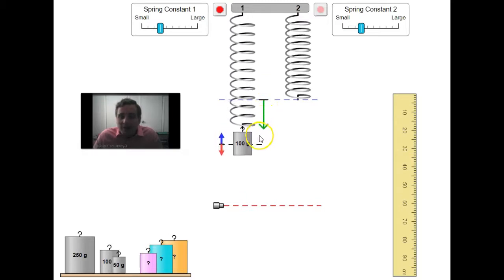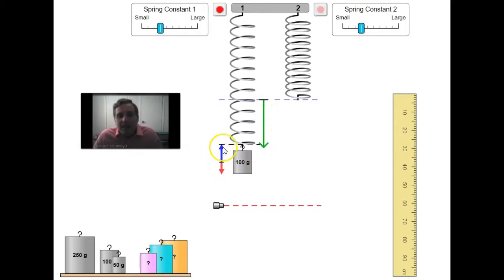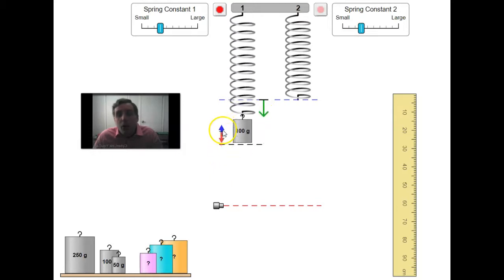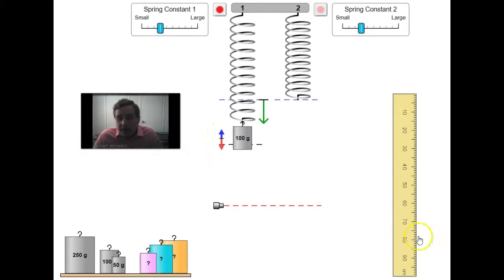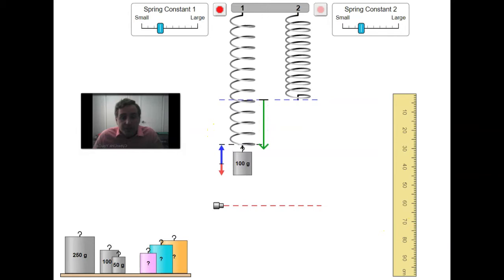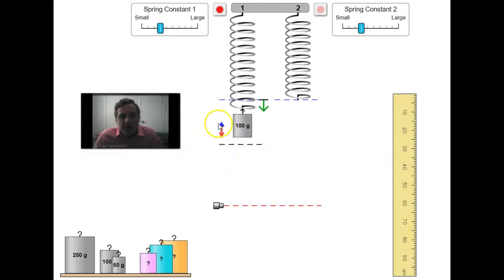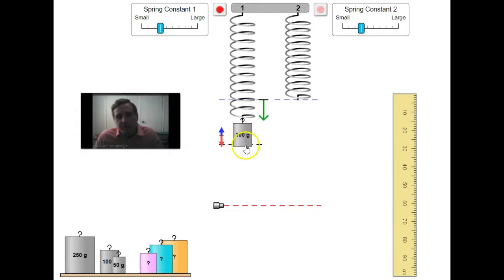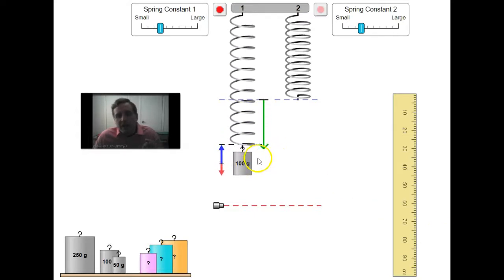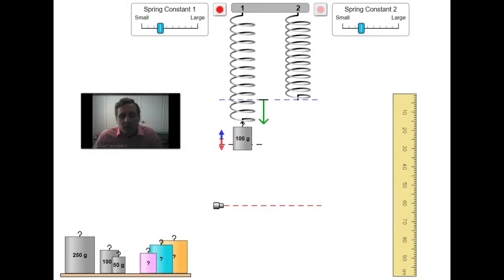But since x is always positive, the Hooke's law spring force, when x is quite large, say like right around here, is greater than the weight. So the Hooke's law spring force brings us back towards equilibrium. When we are more compressed, the Hooke's law spring force is small, but the weight of course remains the same. x is still positive, but notice that we still move back towards equilibrium because gravity is the larger force in that case.